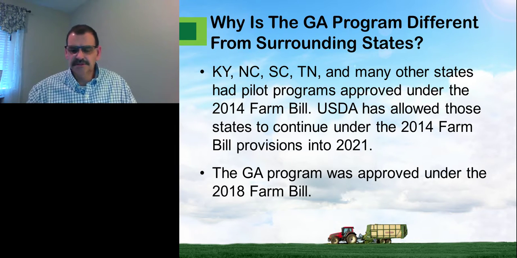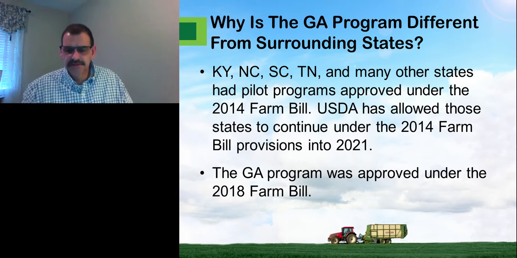The requirements of the 2014 Farm Bill were vague in some areas, so it gave states some latitude on how to deal with plants testing over 0.3% THC. So several states did pass legislation and began their hemp programs. Well, as you know, the 2018 Farm Bill legalized hemp production throughout the U.S. Since Georgia did not have a pilot program, we're under the 2018 Farm Bill requirements, and some of that latitude has been taken away.